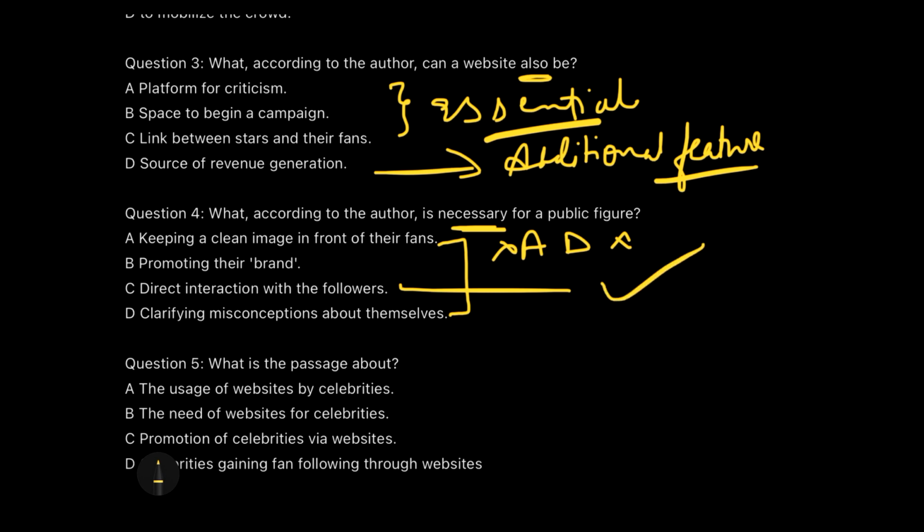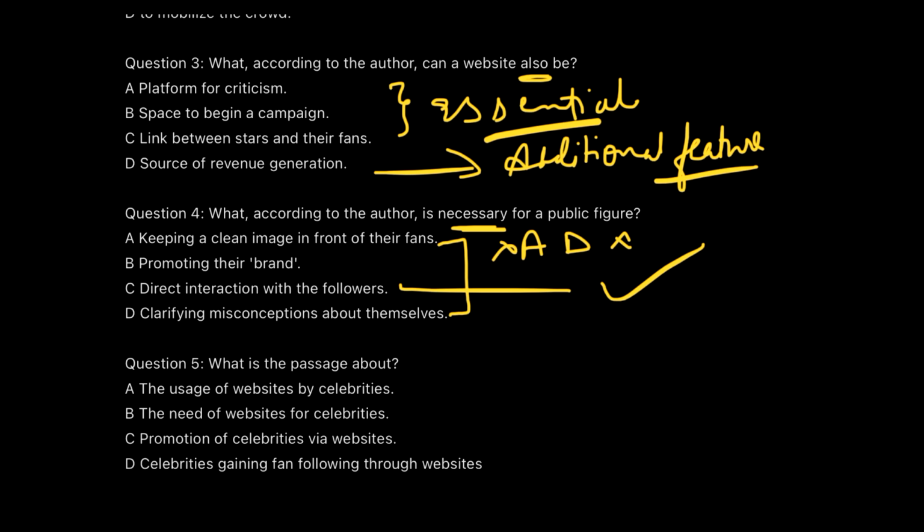Direct interaction with your fans is a necessary clause. Otherwise you shouldn't have even come up with a website. What's the need of coming up with a website if you don't want to connect with your fans? Correct? But endorsement is a complete choice. Few people endorse, few people don't. So that's why option C will be the necessary option for a public figure.